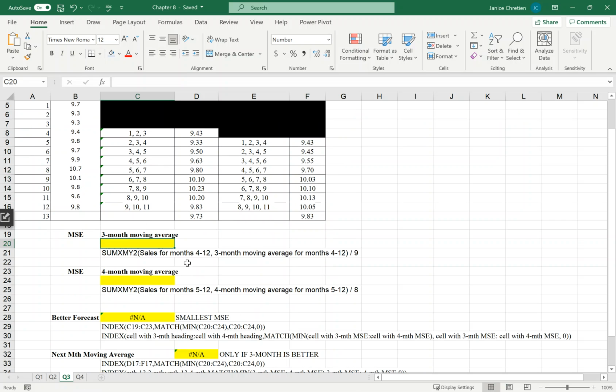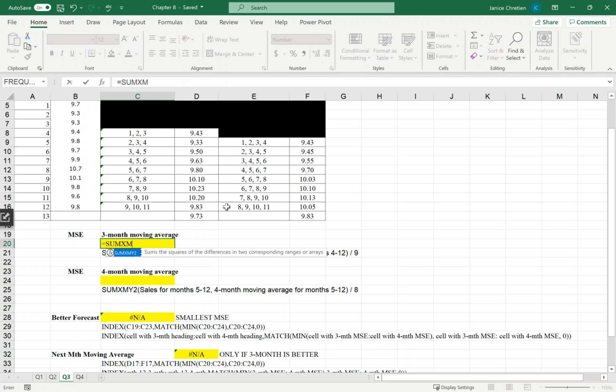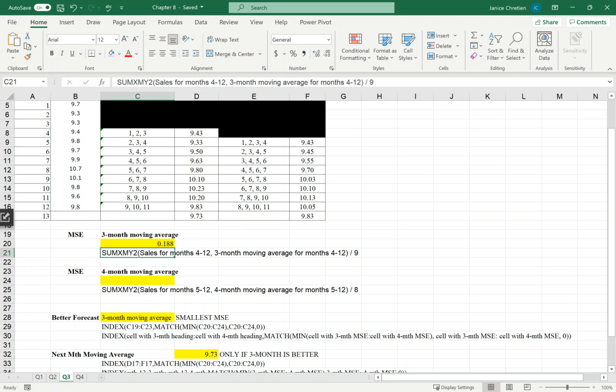For the 3-month moving average, we're using data from months 4 through 12. Then our 3-month moving average from 4 through 12, and there are 9 months of data. So divide by 9.